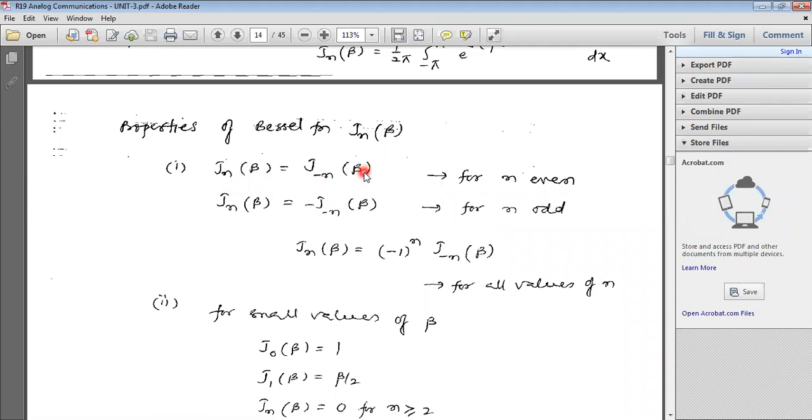After knowing these properties, we again change the signal. For n even, it becomes J_minus_n(beta). For n odd, it becomes minus J_minus_n(beta).